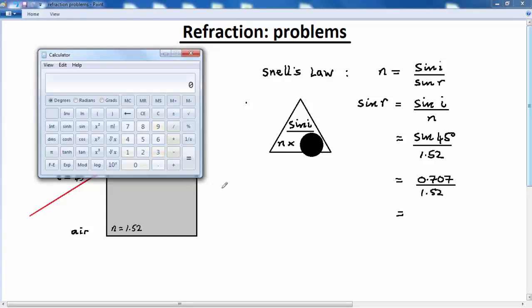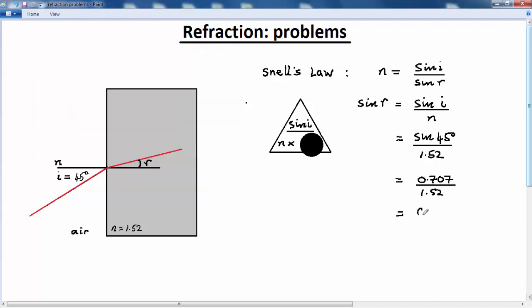So I'll get my calculator out. I've got my scientific calculator from Windows. 0.707 divided by 1.52 equals, so the answer is 0.456. It's always a good idea to round off these sines to 3 places of decimal.